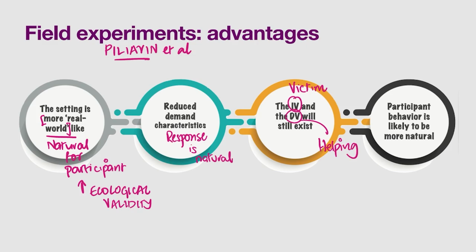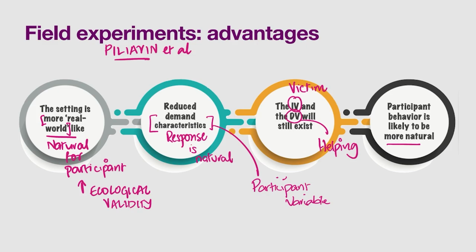So a field experiment will allow you to still have an IV and a DV, which is a strength because it gives you higher ecological validity, and it's not in a lab, which means that participant behavior is likely to be more natural. Because participant behavior is more natural, demand characteristics, which are a type of confounding variable, we call it a participant variable, are also reduced. And so you can say that a field experiment performs better when we assess validity of a field experiment, given that researchers have accurately operationalized all of their variables, of course.